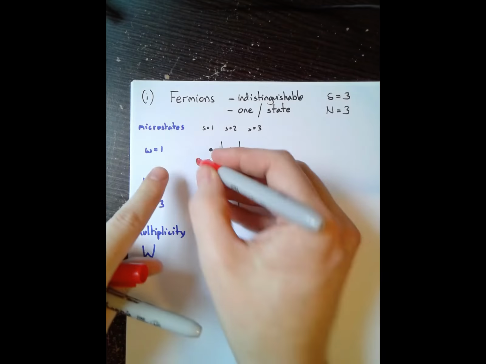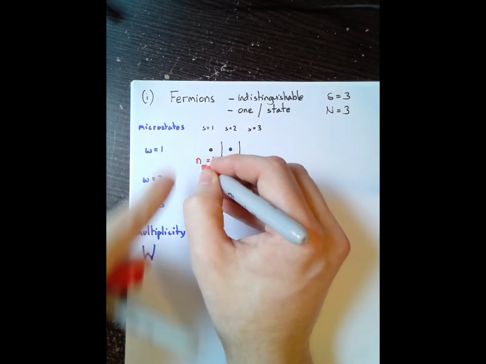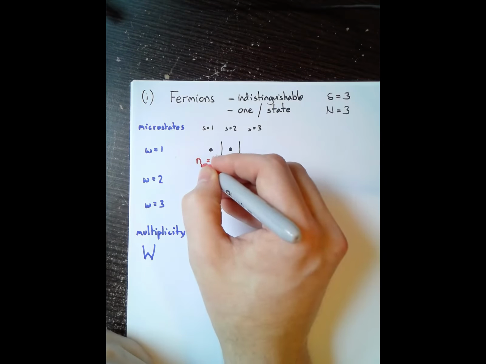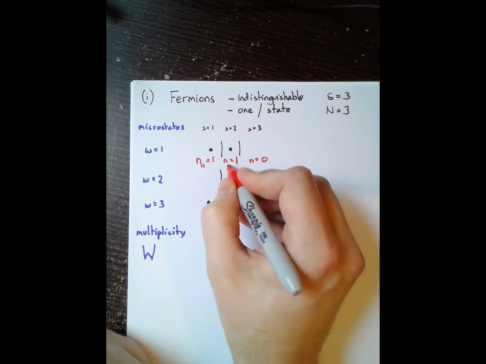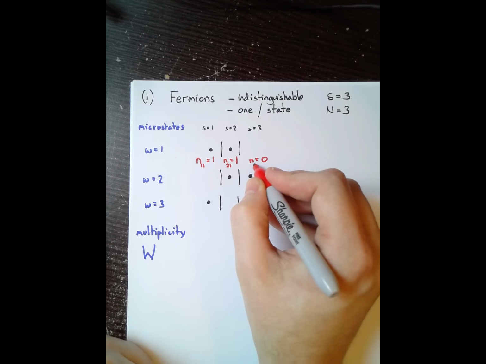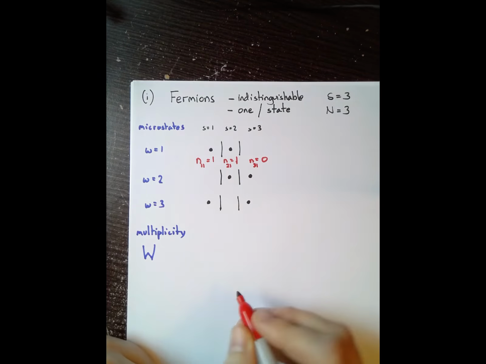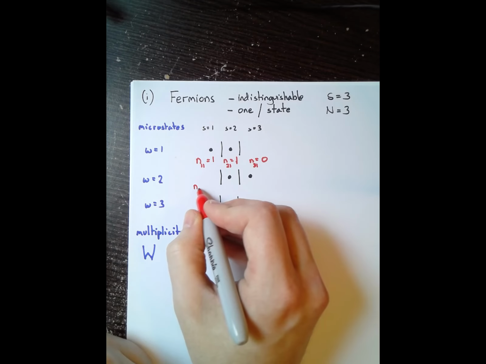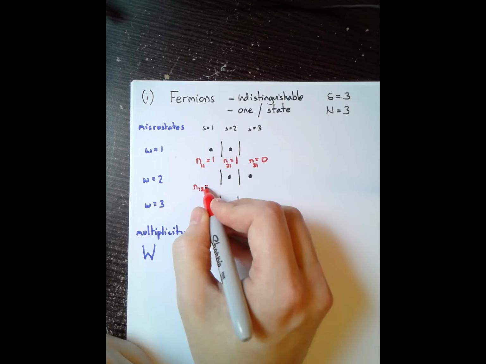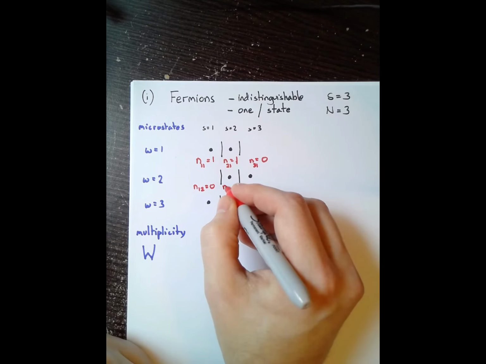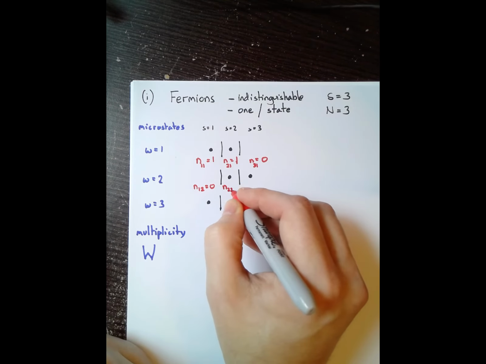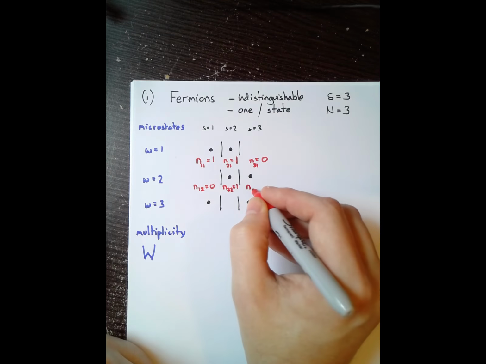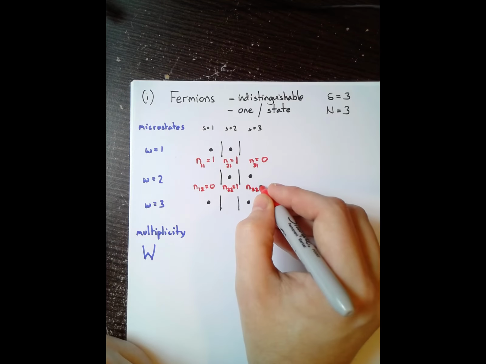So for example, this is state 1 microstate 1. This one here is state 2 microstate 1, and this one here is state 3 microstate 1. Similarly, here I've got my state 1 microstate 2, which is 0, state 2 microstate 2, which is 1, and state 3 microstate 2, which is 1.